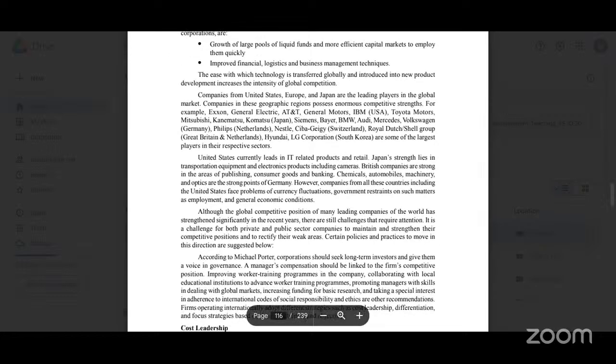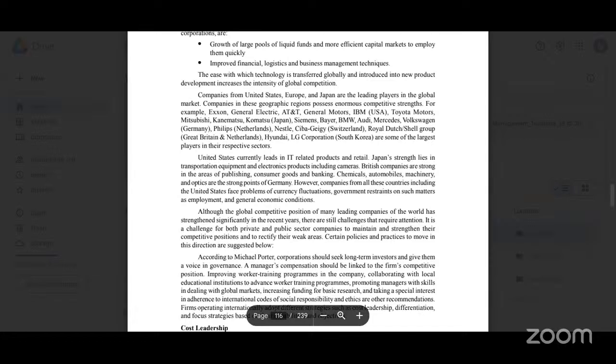So the ease with which technology is transferred globally and we are able to introduce a new product and how it enhances the product development increases at the same time not only the opportunities but also the intensity of global competition, because where there are more opportunities there is obviously more competition, and where there is an ease in taking a product to a global market, similarly other competitors will also follow suit.